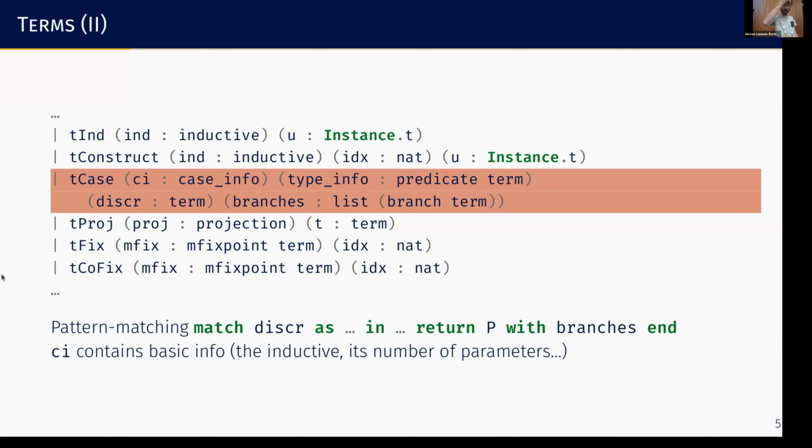Then there's the very dreaded case constructor, which is kind of the one nasty beast of this whole thing. Because if you've ever tried to write fully explicit pattern matching in Coq, you know how terrible it is. But basically, you have all the branches here. You have the discriminee, so the thing that is matched on.